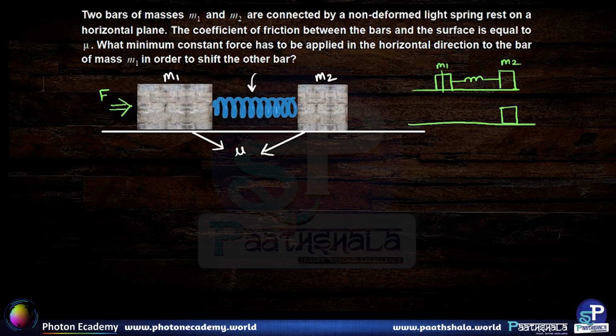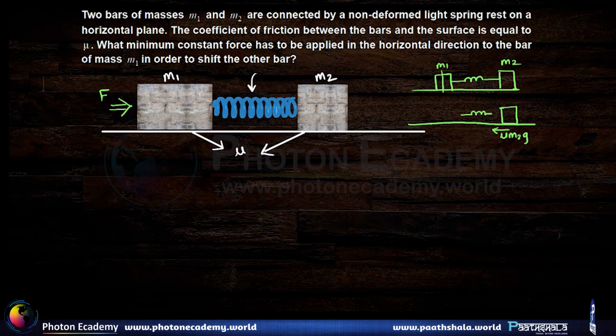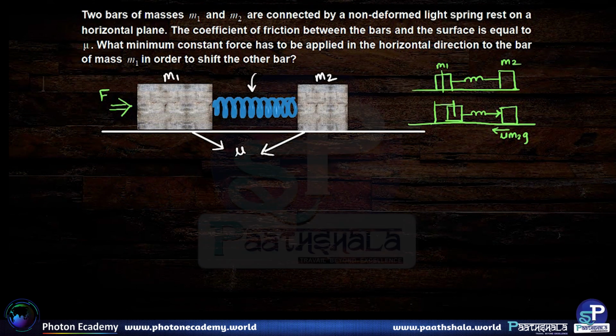So the m2 block is being pushed towards the right, and the friction force acting on m2 will be mu m2g towards the left, and the spring force of compression that will act on m2 as a pushing force towards the right has to be also equal to mu m2g. So that much is understood. Now m1 is compressed by, let us say, x distance. So let us say this is the x distance by which m1 is compressed.